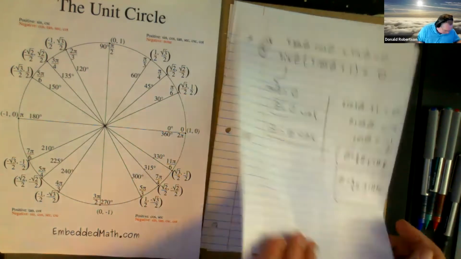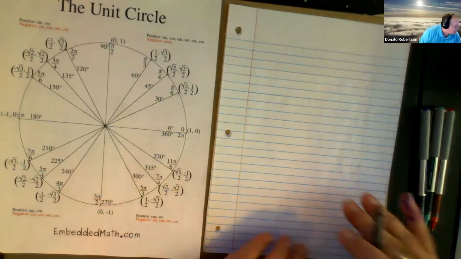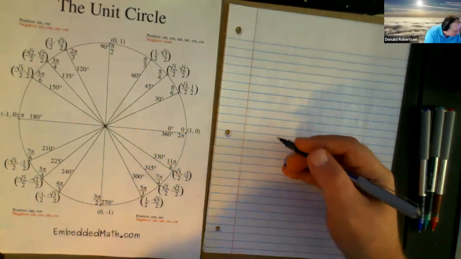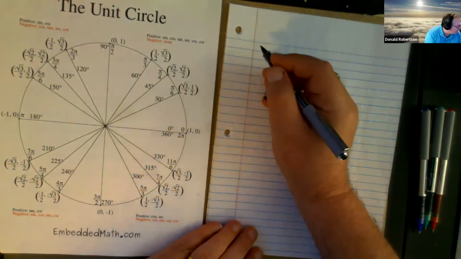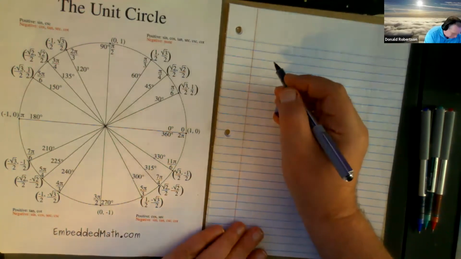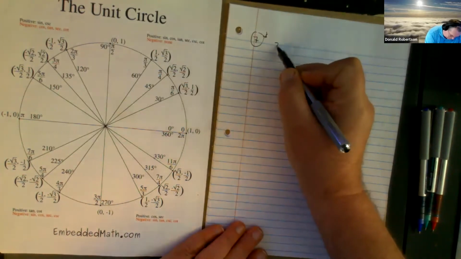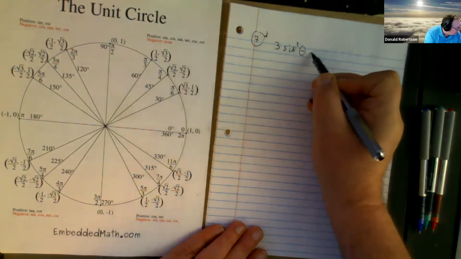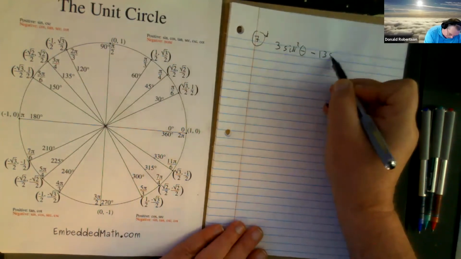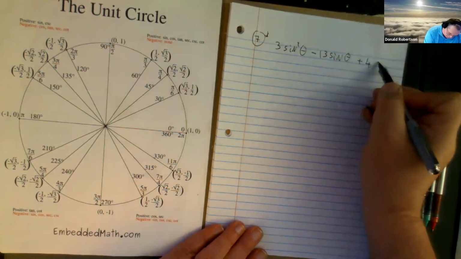So let's make it just a tiny bit harder by giving you answers that are not in the unit circle. At least one of them is not going to be in the unit circle. Actually, it looks like it's going to be both that are not in the unit circle. So here we go. Question 7 is 3 sine squared theta, take away 13 sine theta, plus 4 equals 0.